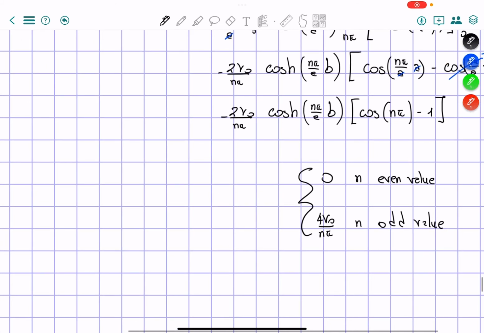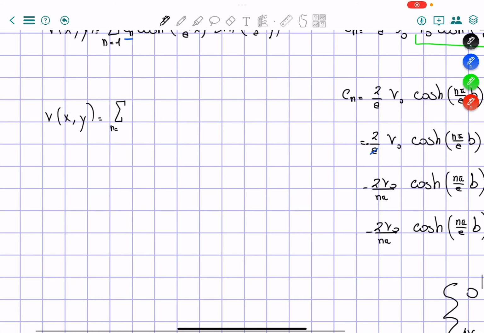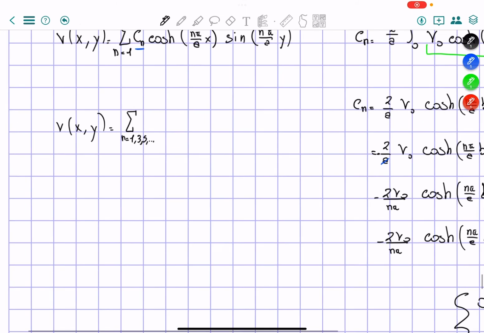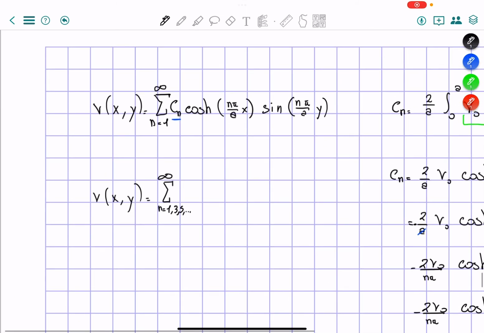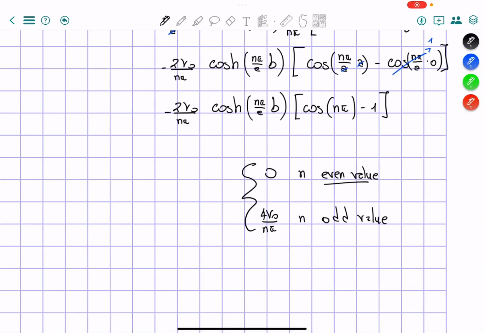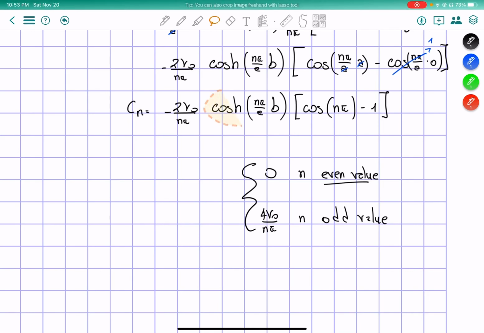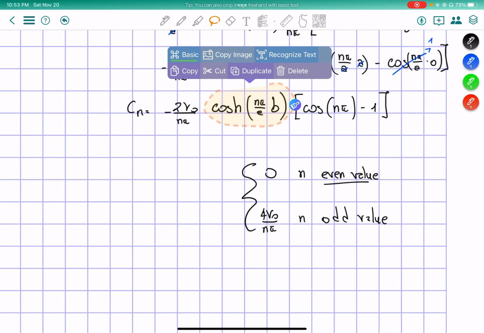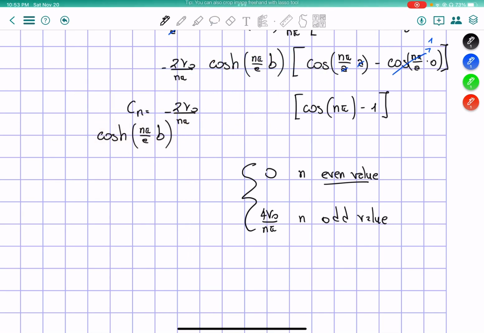It's 0 if it's an even value, so we're just going to take odd values: 1, 3, 5, and so on to infinity. Now, this part here will be equal to c_n, so I can divide both sides by this. As you can see, we get that this is our answer.